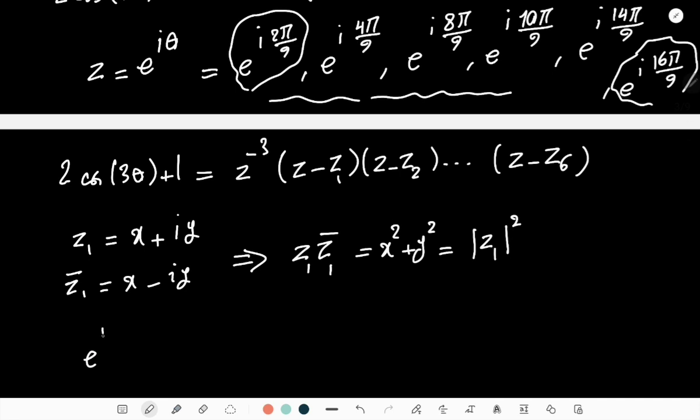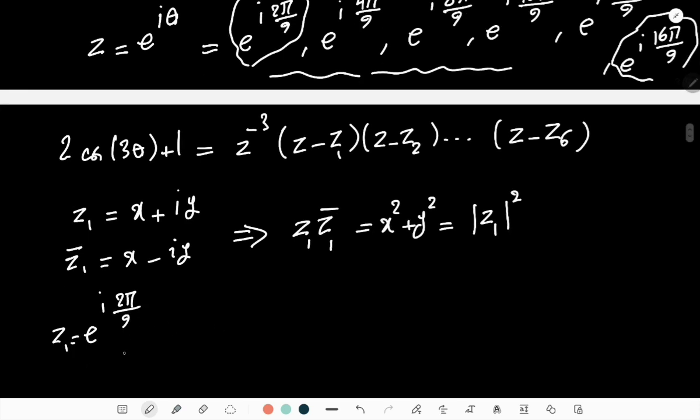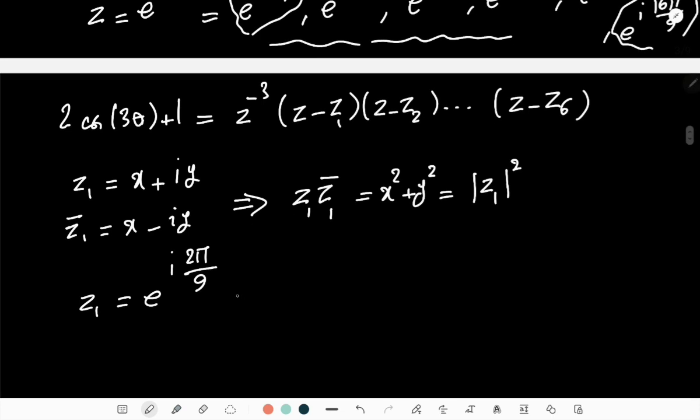Let's say z1 is equal to e to the power of i 2 pi over 9, and this will be basically cosine of 2 pi over 9 plus i sine of 2 pi over 9, right?